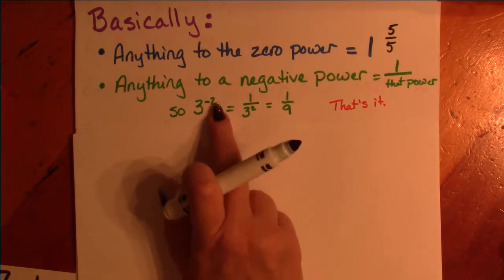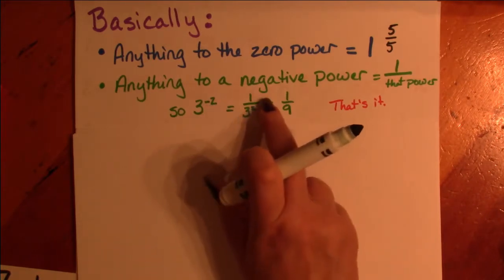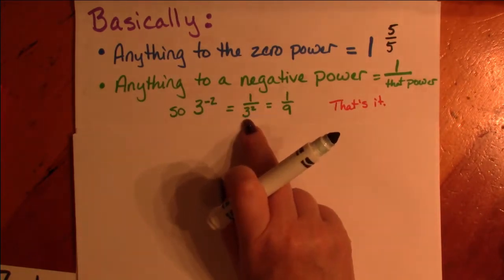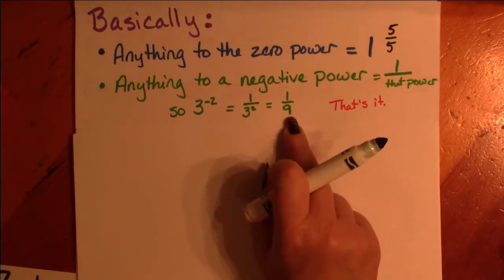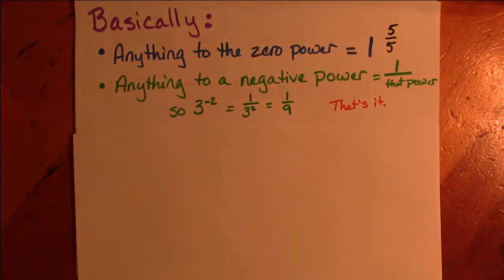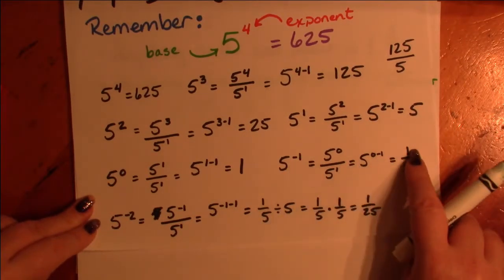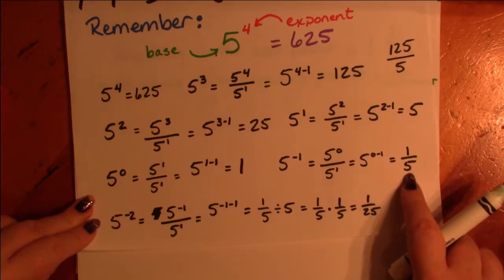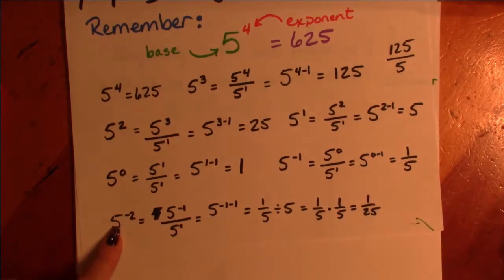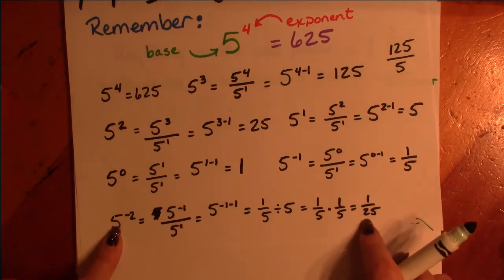So 3 to the negative 2 is the same as 1 over 3 to the 2nd, which is 1 over 9. And that's it. 5 to the negative 1 is 1 over 5 to the 1. 5 to the negative 2 is 1 over 5 to the 2.